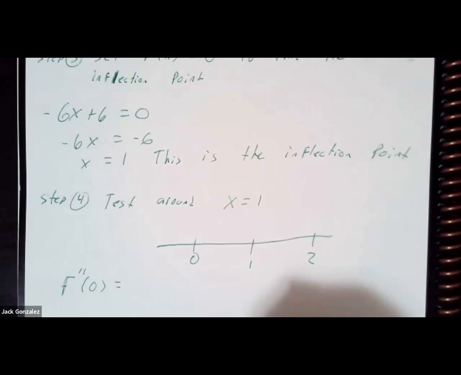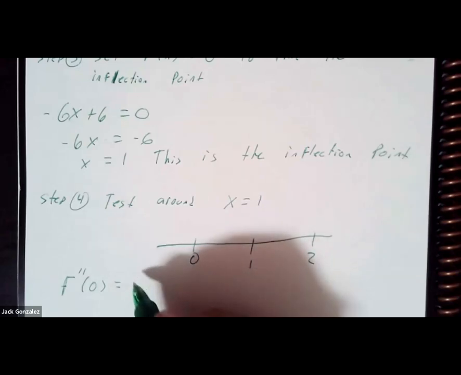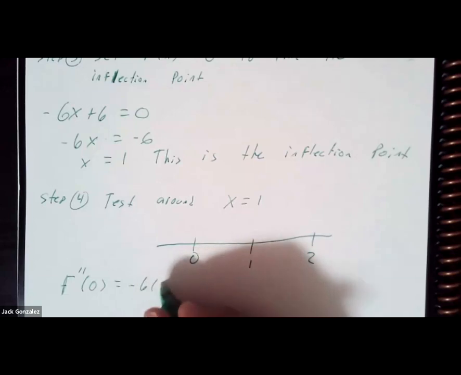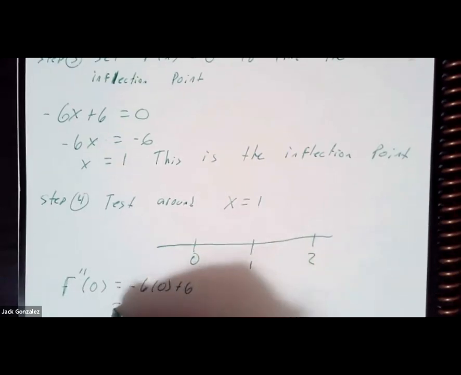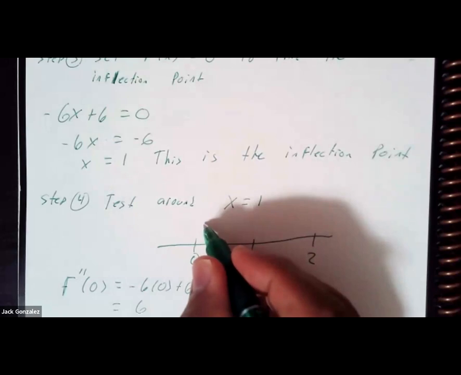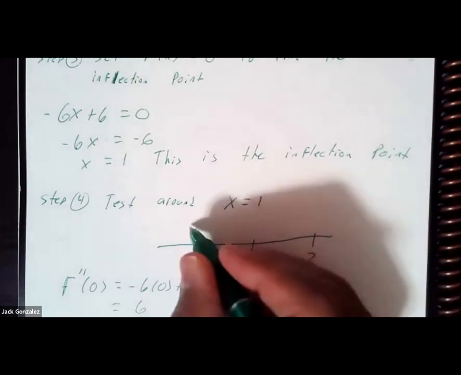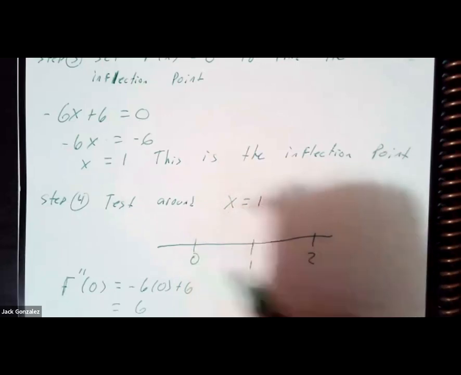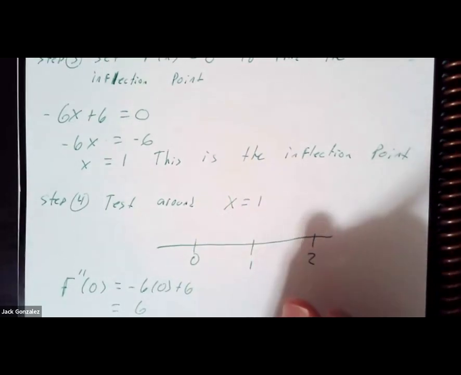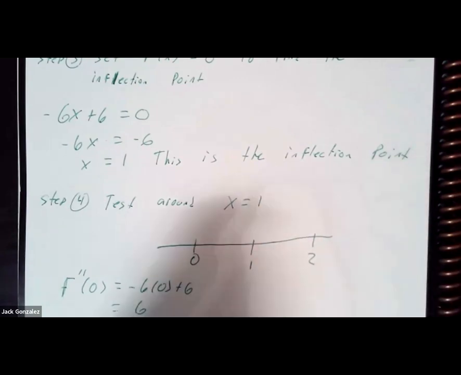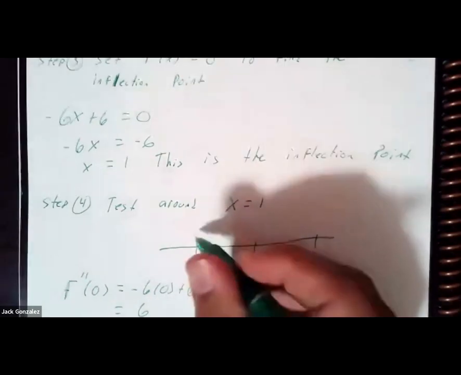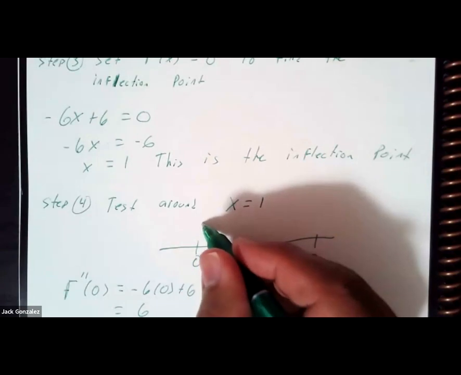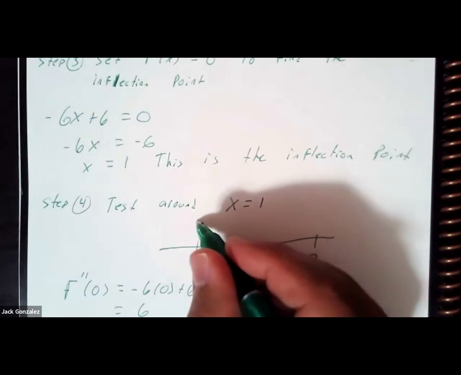The second derivative at 0 is going to be -6 times 0 plus 6, which equals 6. So, wait, hold on a second. I think it's concave up because it's positive. Concave up.